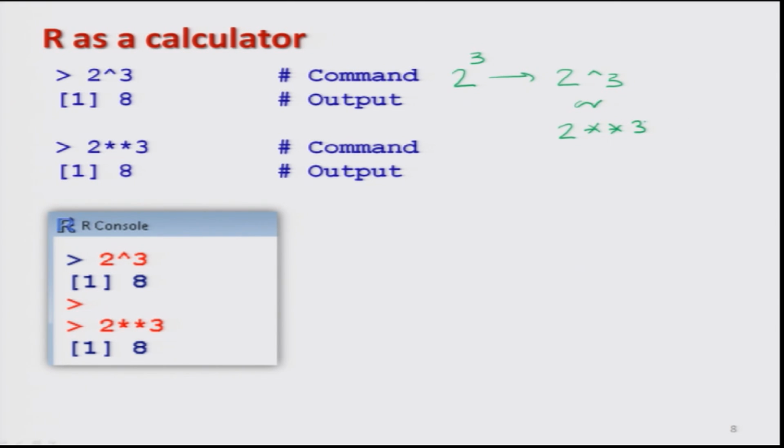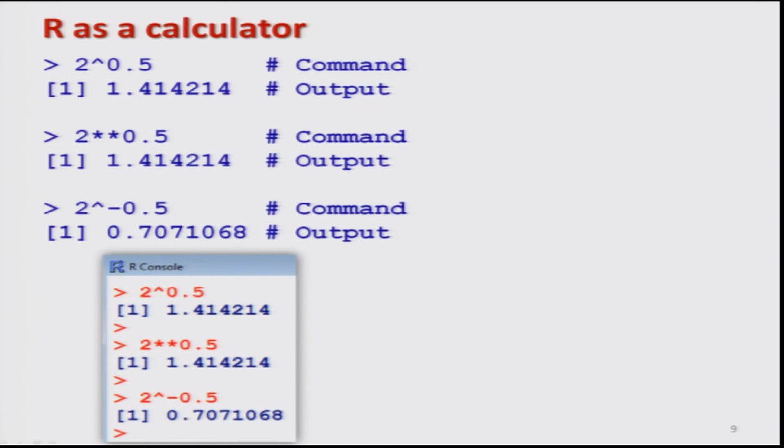If I put 1 star, that indicates only multiplication, and when I put 2 stars, then it will indicate the exponent. So, this is 2 star star 3, and when I write 2 cube, this is 2 caret 3, and this is 8, and the same thing with 2 star star 3 is also giving me the value 8. You can try it yourself on your computer and you will get the same thing.